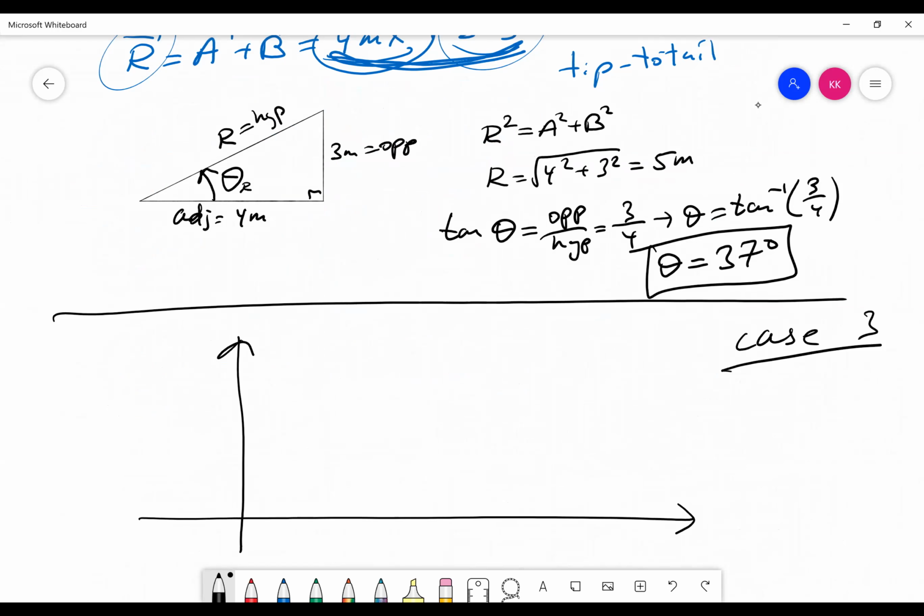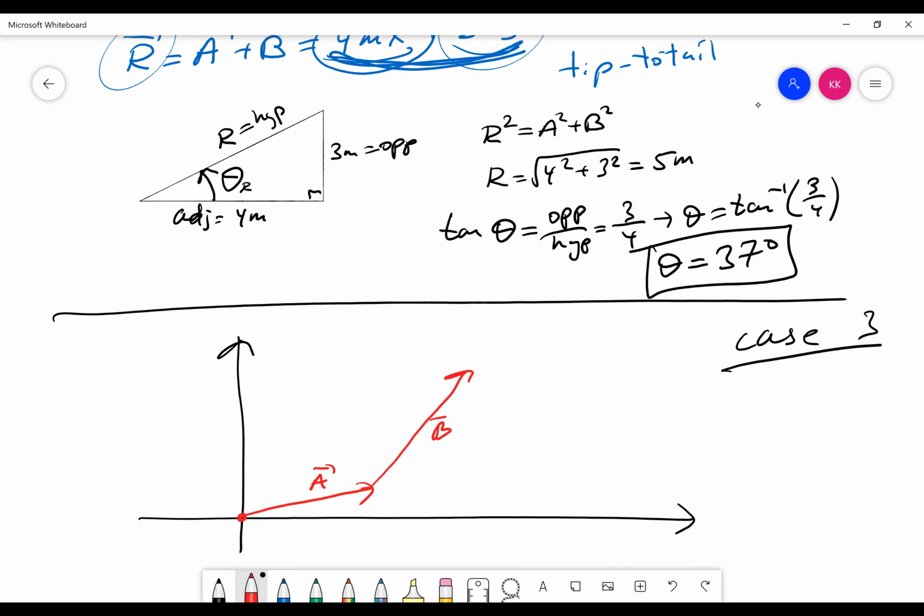So imagine now we have this. Let's say we have an object that starts from here, and then the object moves like this. Here's vector A. And then from here, for example, it moves like that.